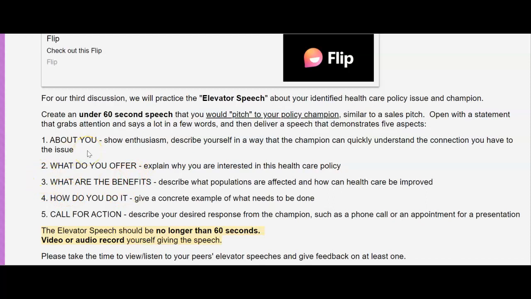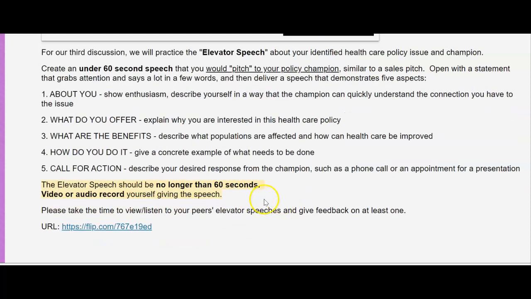So start with you. Tell who you are in a way that the champion can quickly understand the connection you have to the issue. Why you are interested in this healthcare policy issue, what populations you are aware of can be impacted, and how healthcare can be improved.